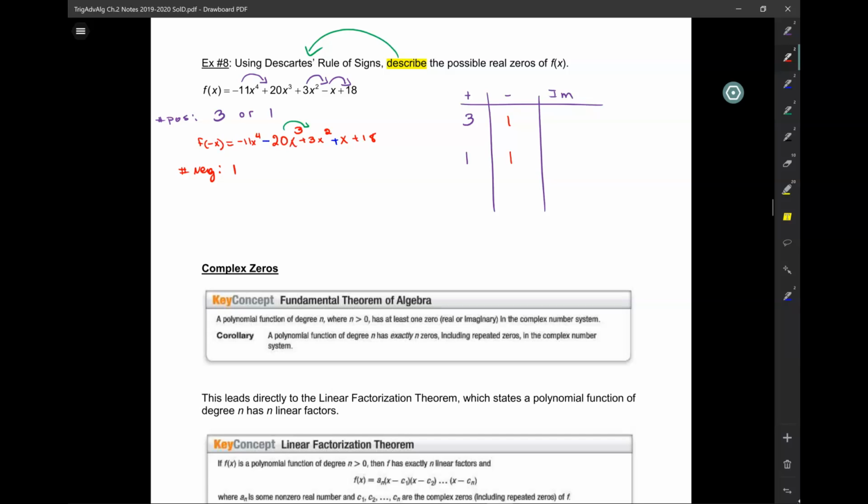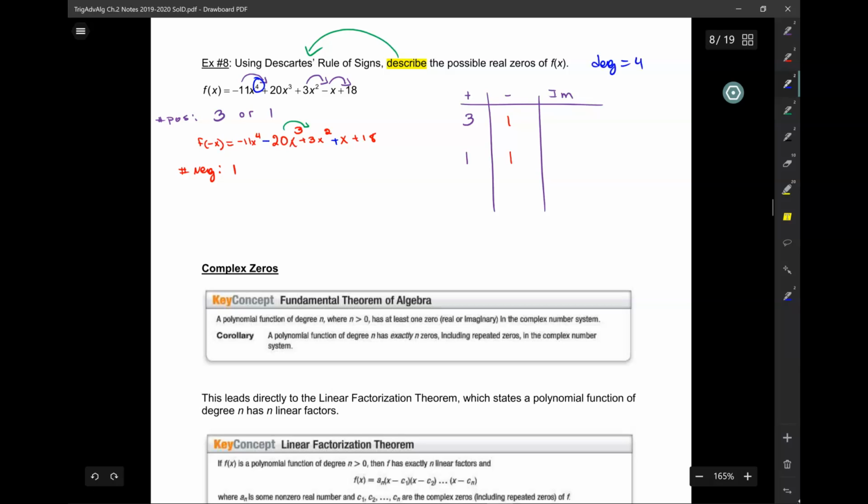The next column is imaginary. Please, when you're doing the pairings, the purples were the number for the positives. Make sure you put those numbers under the plus column. These were the negatives. Make sure you put the red numbers under the negative column. Now, what was the degree of this function? 4.